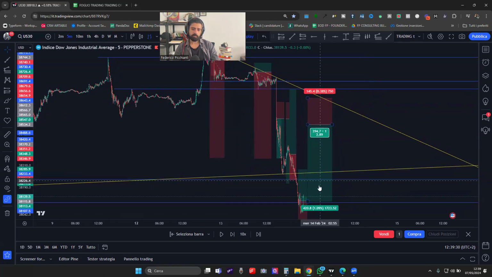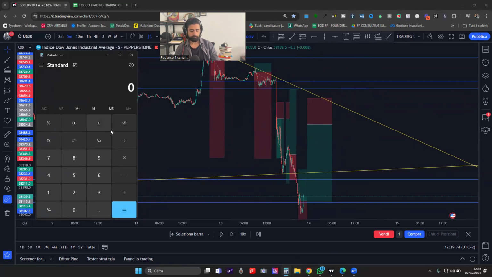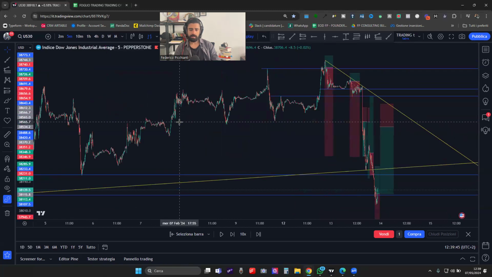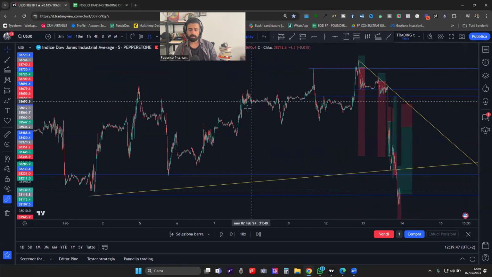So yeah, it's 1, 2, 3, 177 plus 177 plus 177. That's 8K blocked profit if you're trading with 1 lot, and $800 if you're trading with 0.1 lots.